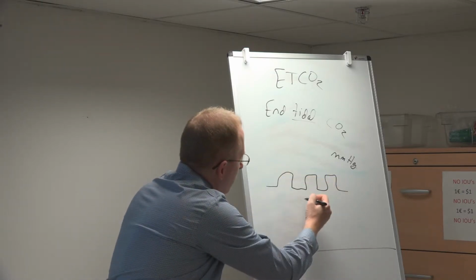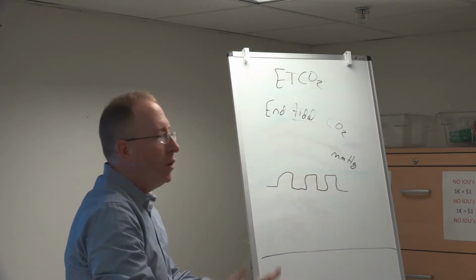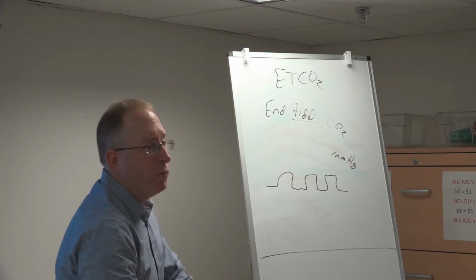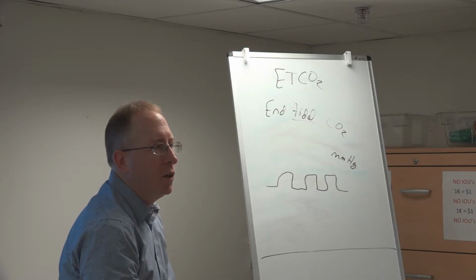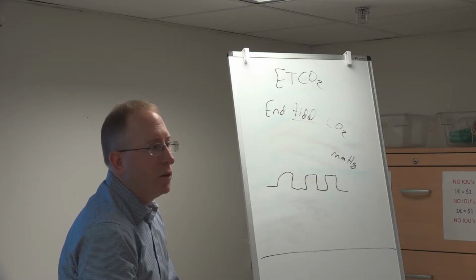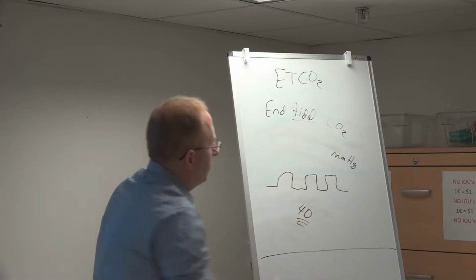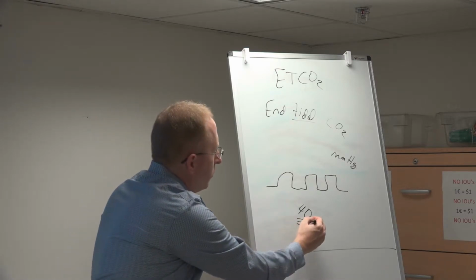And so generally, for a normal breathing person, what would be the end tidal CO2 value which you would consider to be normal? Do you know what the number is? 16? No. Maybe 40. Okay, so generally a value of about 40 is kind of what you're shooting for.